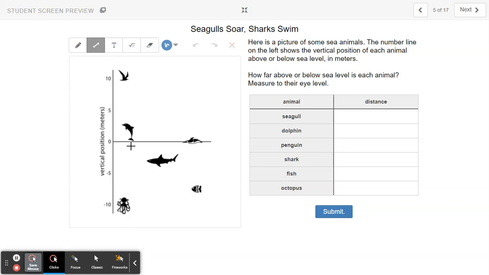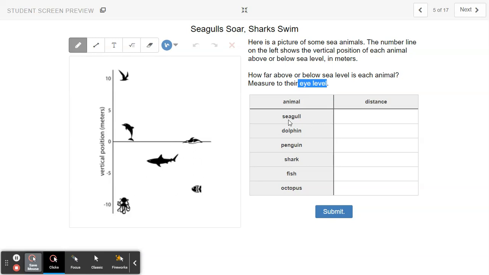Zero is sea level. That's where the water meets the air, or land. So we're going to be telling how far above or below sea level each animal is. And it says to measure their eye level. So you can see their eyes, they're like little white spots.